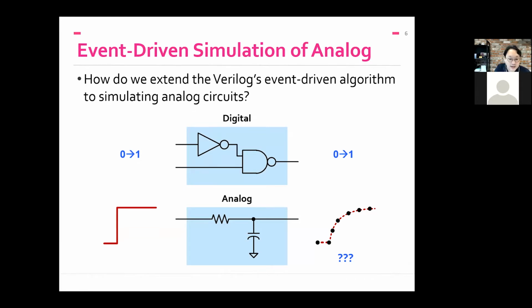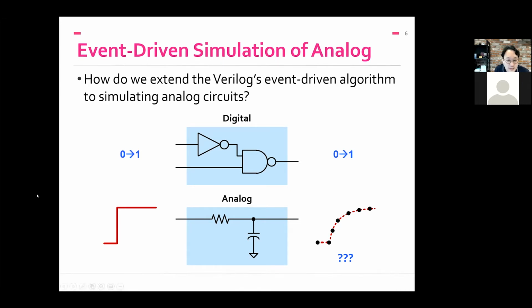It may change or may not change. And that event will propagate to the next, and you only evaluate the parts that are receiving those events. This is the key to achieving really high efficiency in simulating large-scale systems. So the question is, can we extend that to simulating analog circuits?